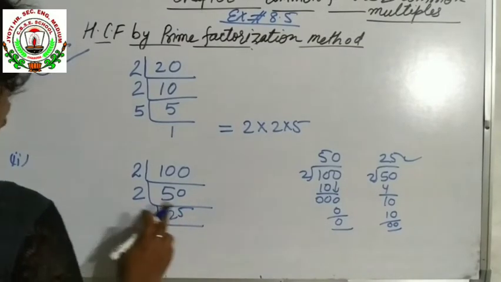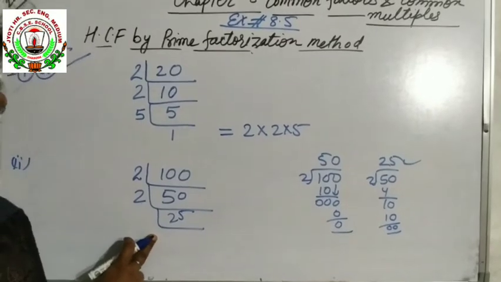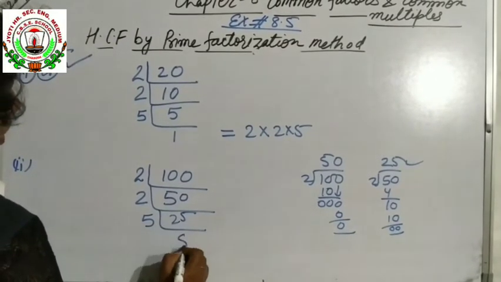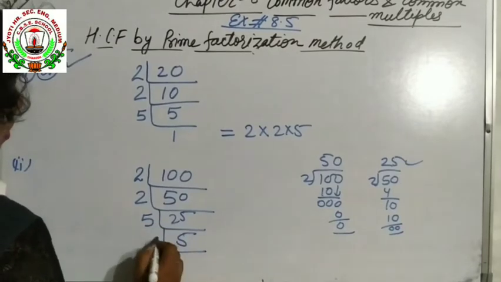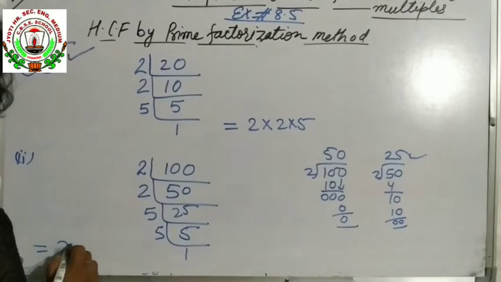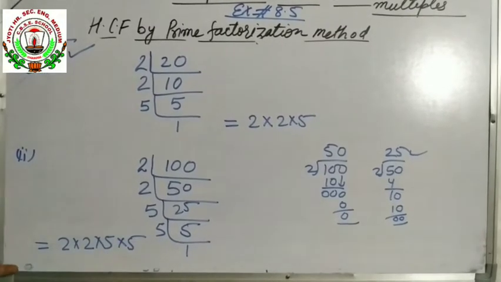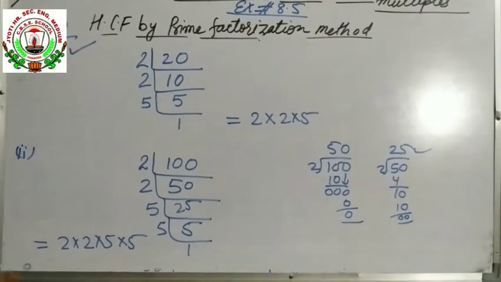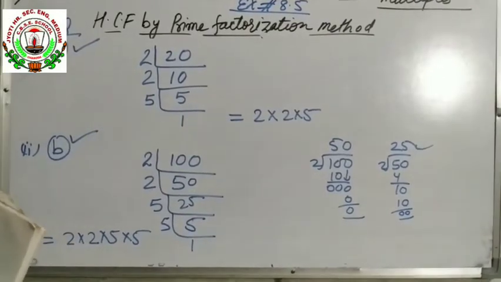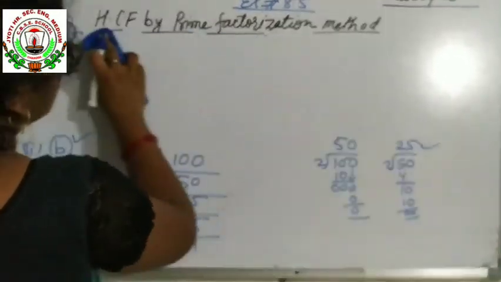Now 25 is an odd number, not divisible by 2, not by 3, not by 4. It goes by the 5 table. 5 fives are 25, then 5 ones are 5. So the prime factorization of 100 is 2 into 2 into 5 into 5, which is option B. So you will put a tick mark in B. Understood?